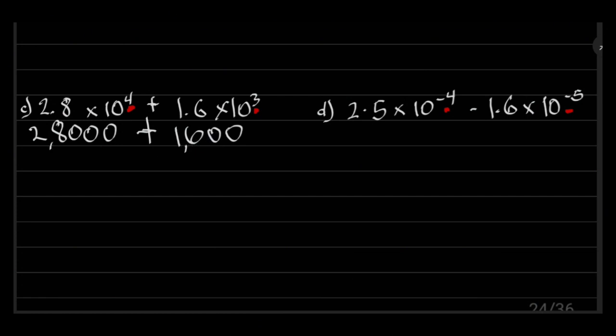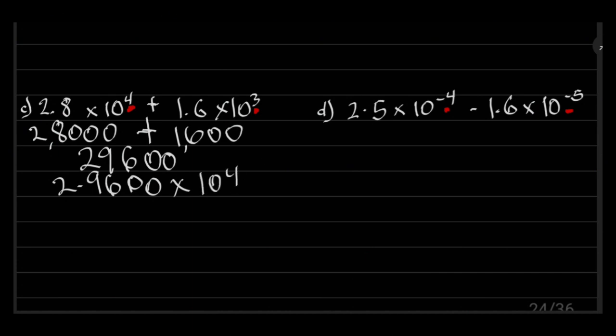So when we add this, we are going to have 44,000. I think I messed it up. That is supposed to be 29,600, and in index form, first significant figure, how many decimal points have we introduced? 1, 2, 3, 4. So times 10 raised to the power 4.